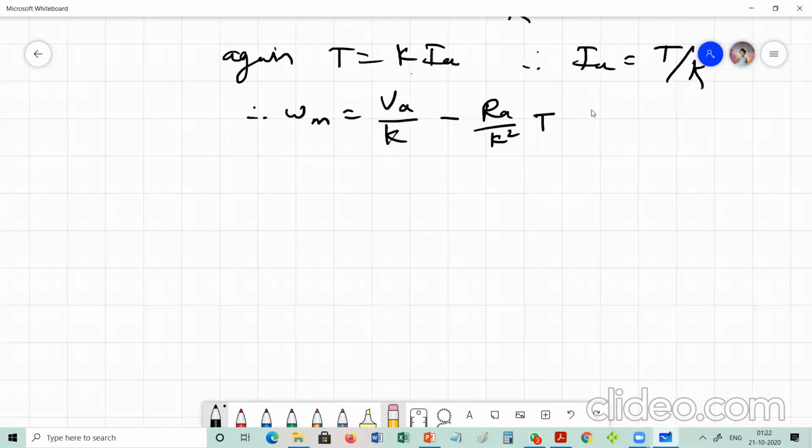So instead of VA, the voltage equation we found for discontinuous mode of conduction, when you place that value, you will get the equation of speed for discontinuous mode of conduction.